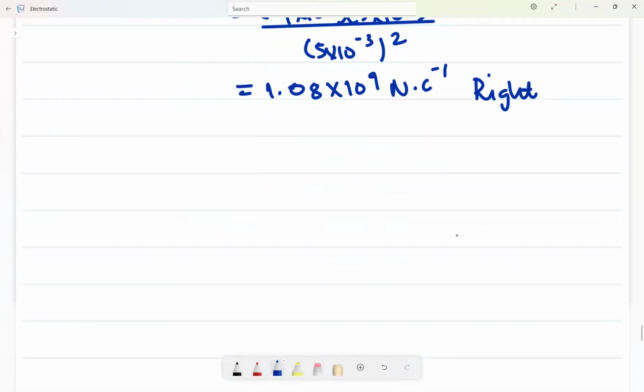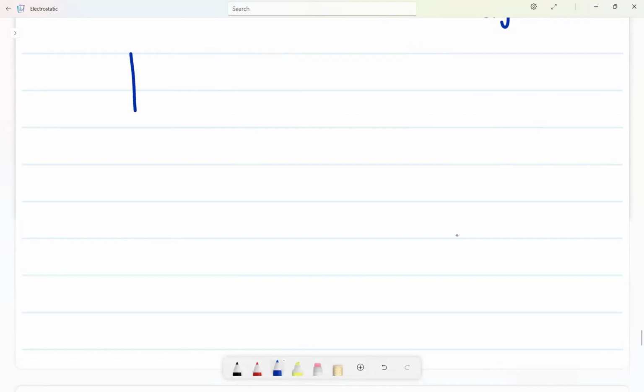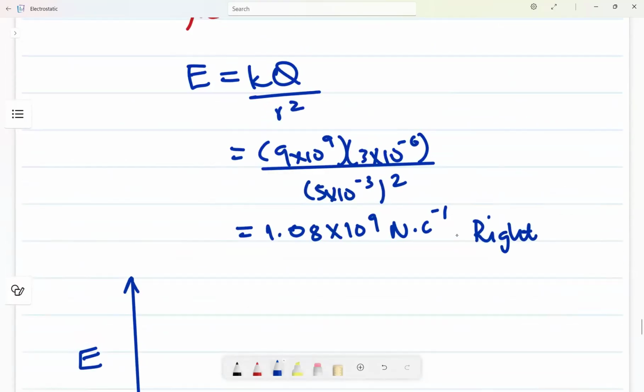Similarly, here we have graphs for electric field. If I'm having E here as well as charge, can you see that electric field and charge are directly proportional? Electric field is directly proportional to charge, and the electric field is inversely proportional to r squared.